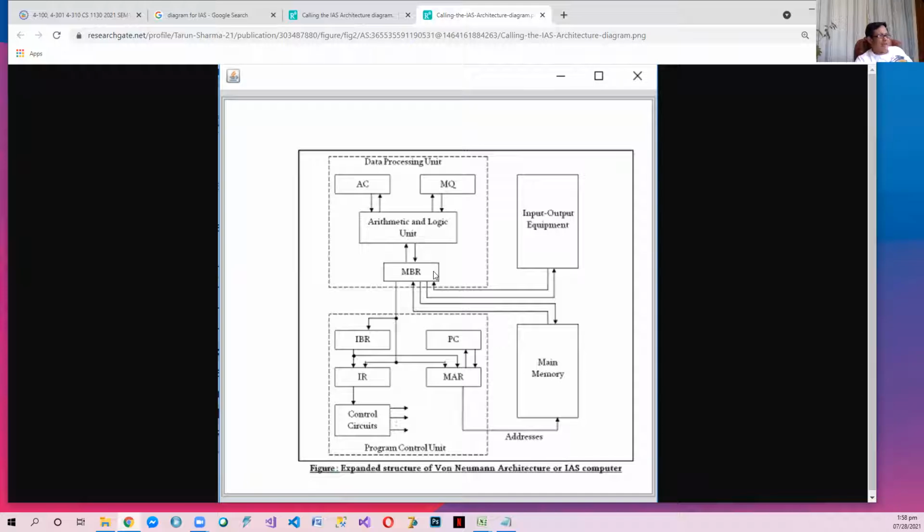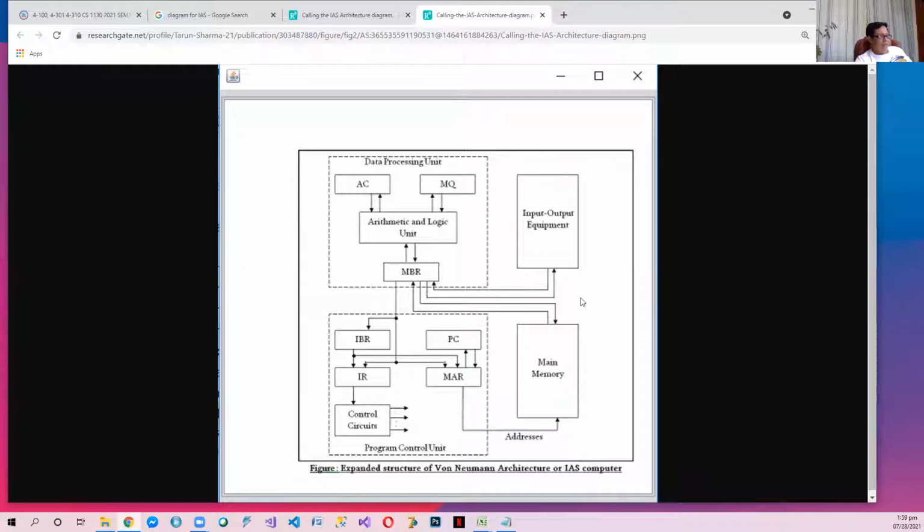Now, when you load data from memory, it goes first to the memory buffer register. Right away, it goes to the memory buffer register. When you load data, you will specify where in memory it is going to come from. Load 001: 001 is the address in memory, which will be the source of the data transfer.